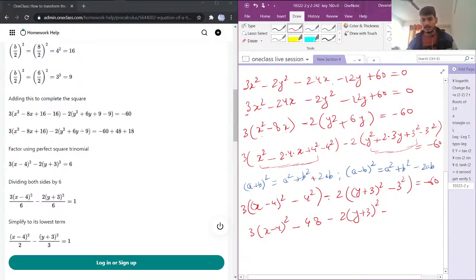So this minus will become plus and this will be plus 18. Negative 48 and 18 equals negative 60. So minus 48 plus 18 will become minus 30.